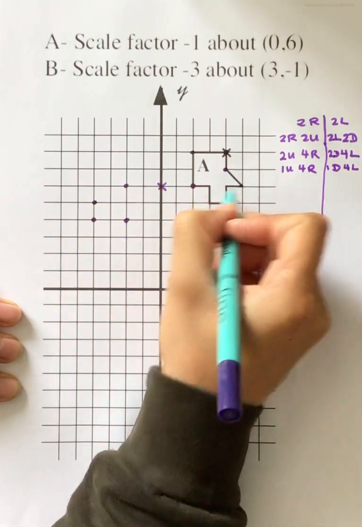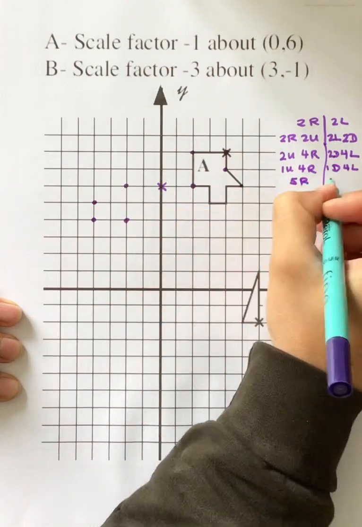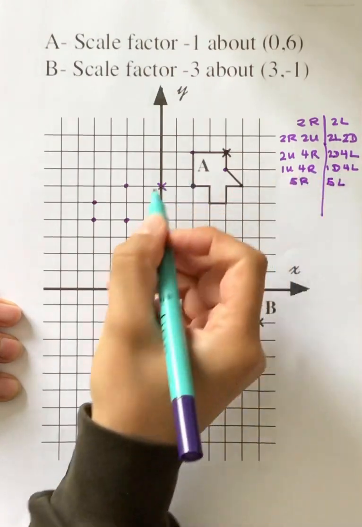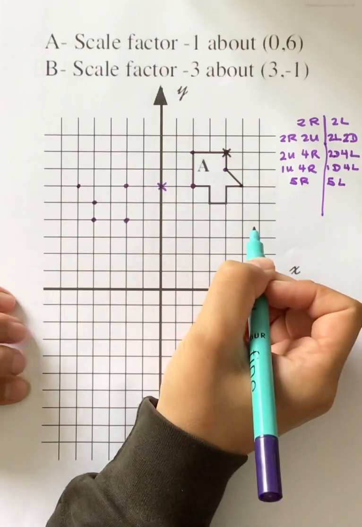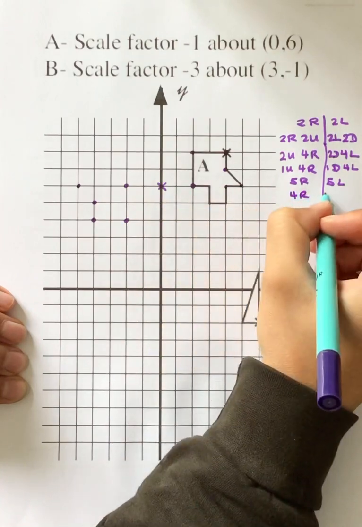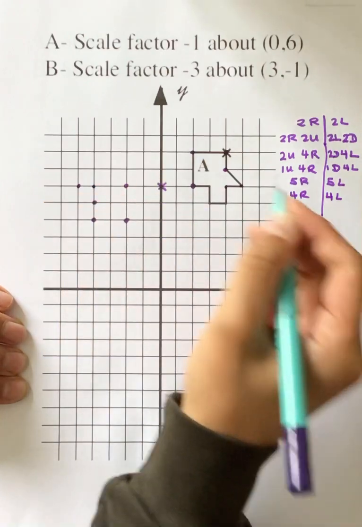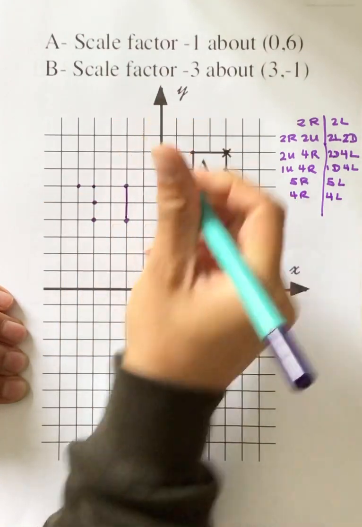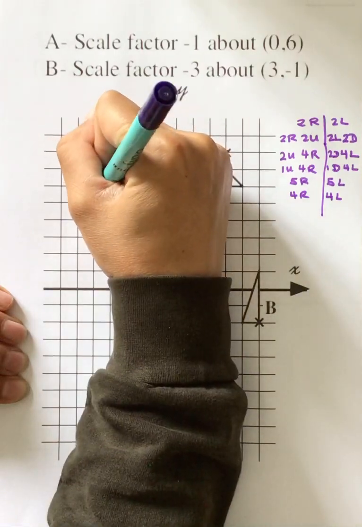This corner here is 5 to the right of my centre of enlargement, so my new corner will be 5 to the left. This corner here is 4 right of the centre of enlargement, so my new one will be 4 left. Just going to join these up so I don't get confused as to which order they get joined up in.